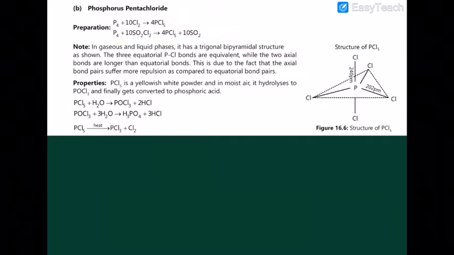Now, in the gaseous phase and in the liquid phase, it has trigonal bipyramidal structure, that is sp3d. I already discussed with you. It has 3 equatorial P-Cl bonds. Look at the equatorial bond length here.